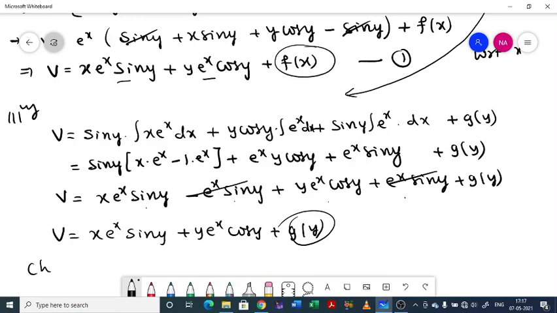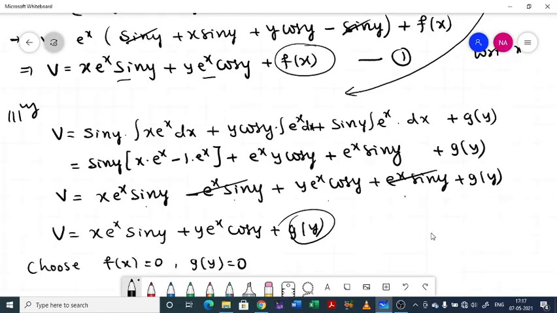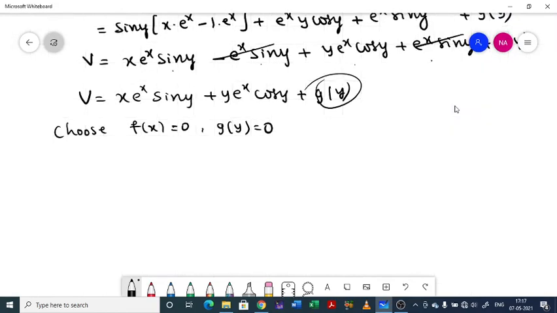So choose f of x to 0 and g of y to 0. So taking those two as 0, we get thus v equal to x e power x sin y plus y e power x cos y.